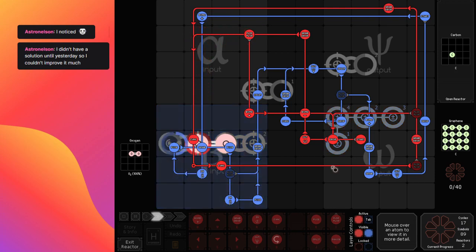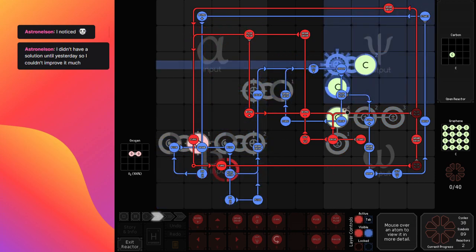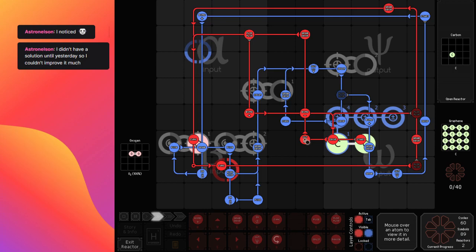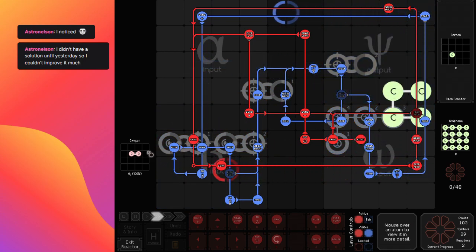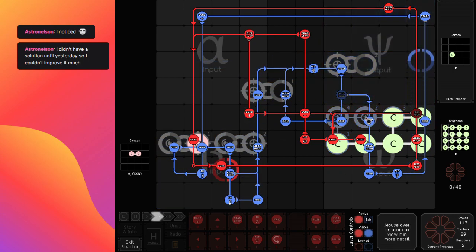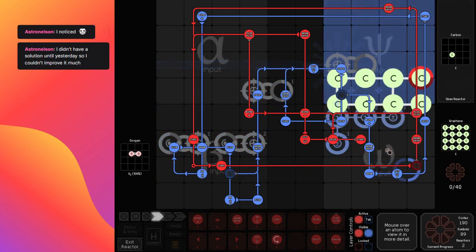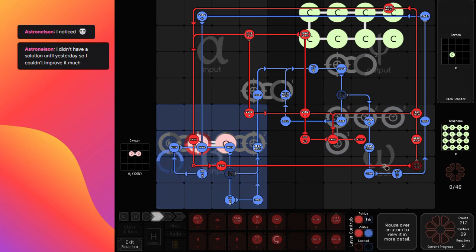So let's take a look at this reactor first, which I'm pretty sure is just, yep, a carbon stream. Yep, I'll fuse into chromium and split into a carbon stream. And that is one way of making the graphene.